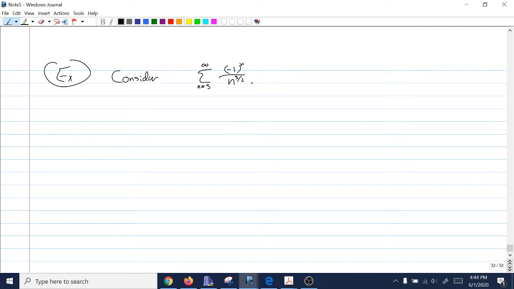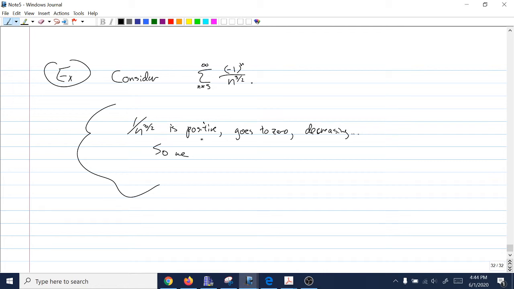This is alternating. It's really easy to get into a trap of thinking about the series 1 over n to the 3/2 is positive. Does it go to 0? It does go to 0. Is it decreasing? It is decreasing. So we can use the alternating series test.